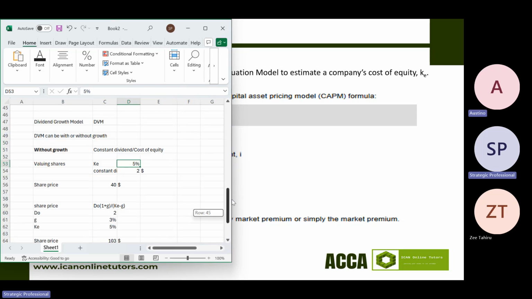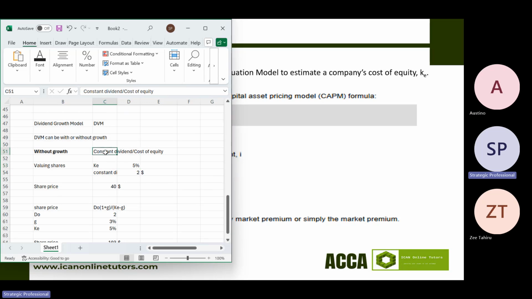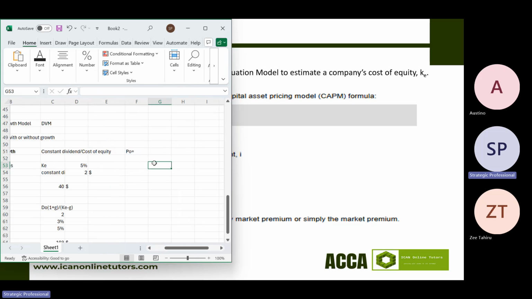In the constant approach, PO is equal to DO divided by KE.